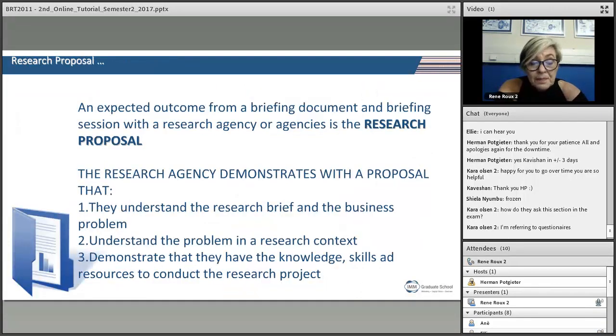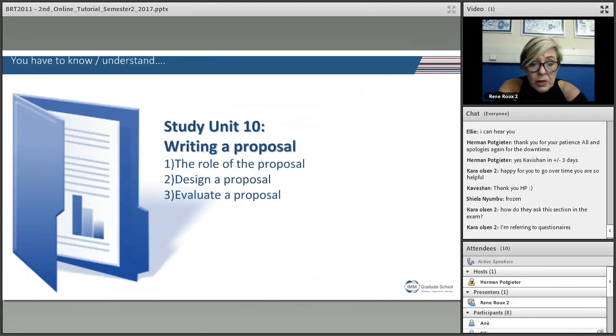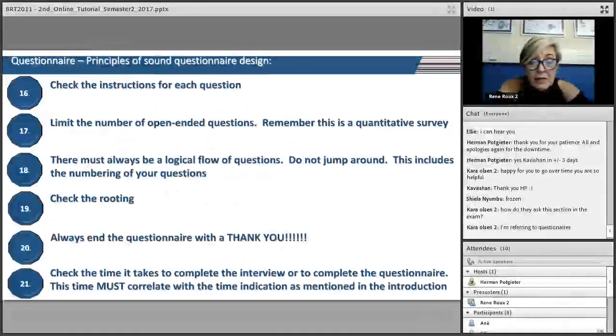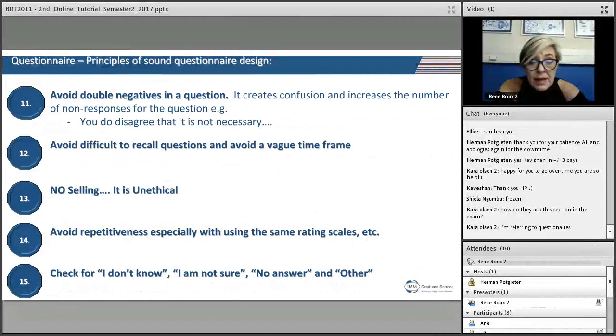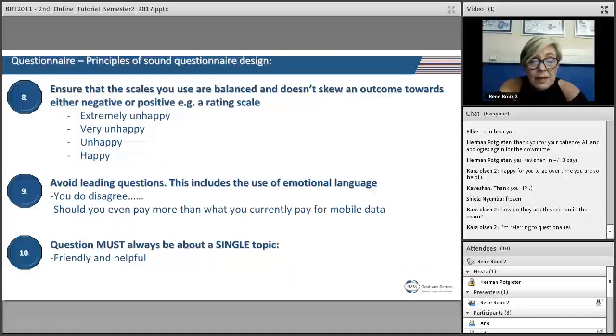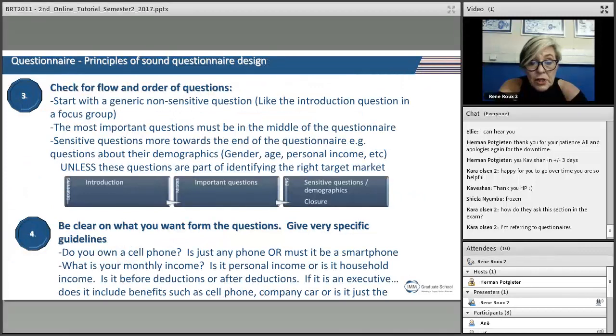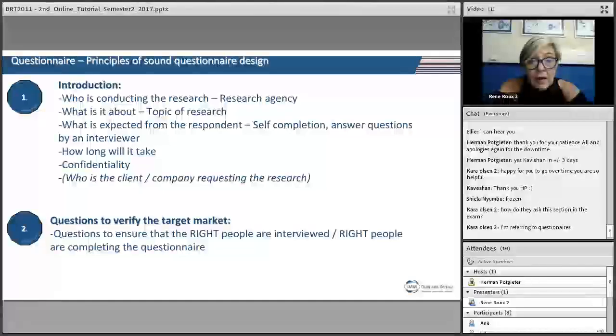Questionnaires. When we go back to questionnaires, I have not in the previous exams really seen a lot about questionnaires, questions.